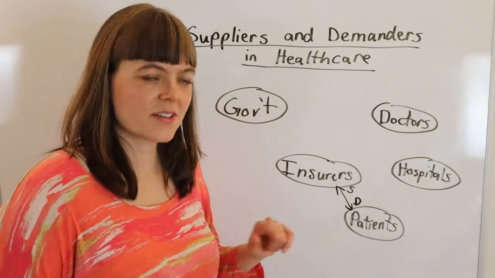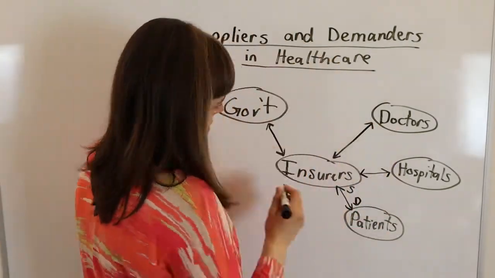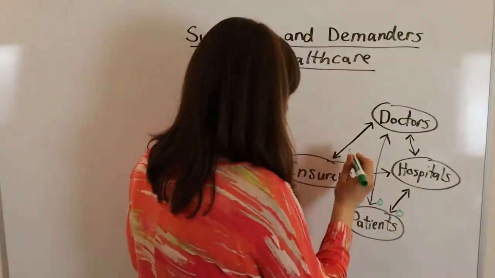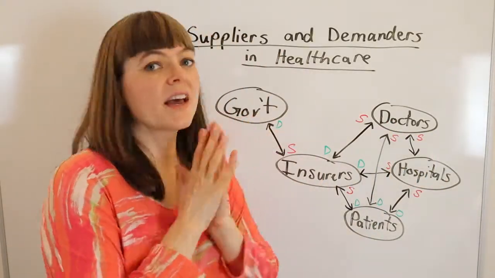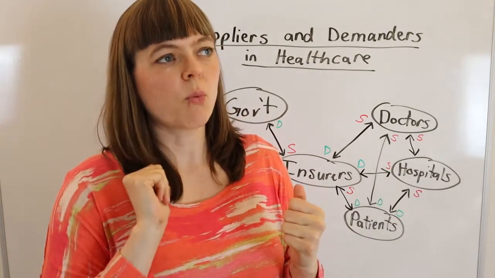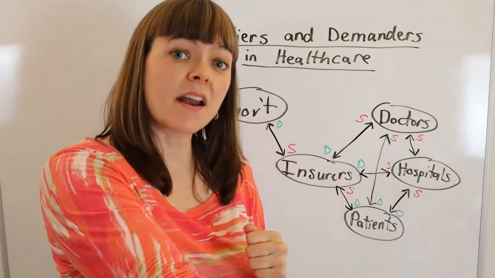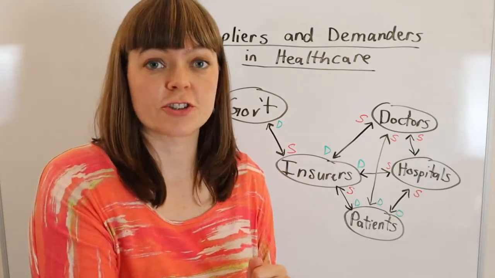Now I'd like you to do the same thing for each of these before I explain. Alright, now here's a hint when you're thinking about who's the supplier and who's the demander. Usually if one party is paying another party money, they're paying them for their goods or services.